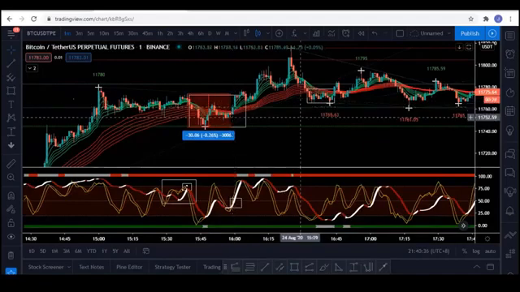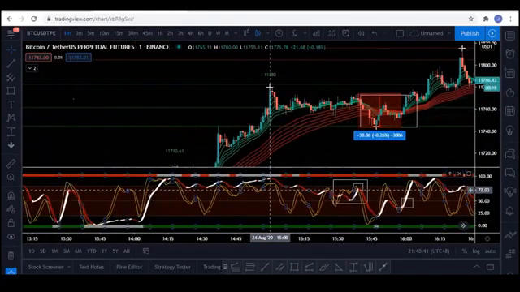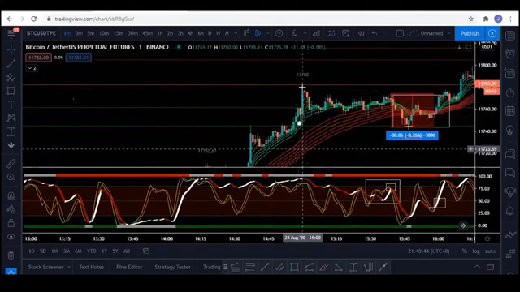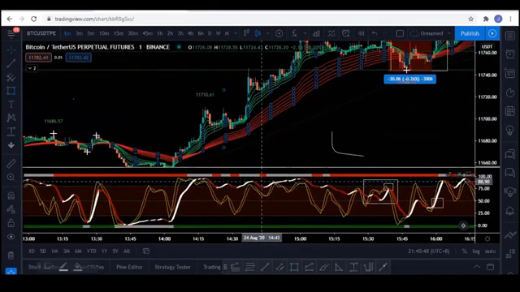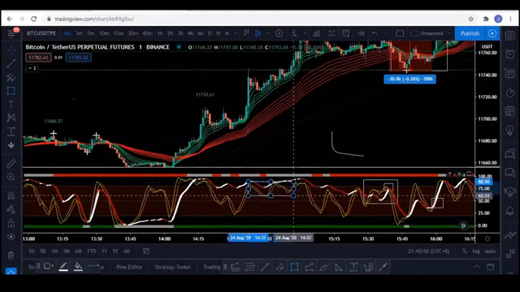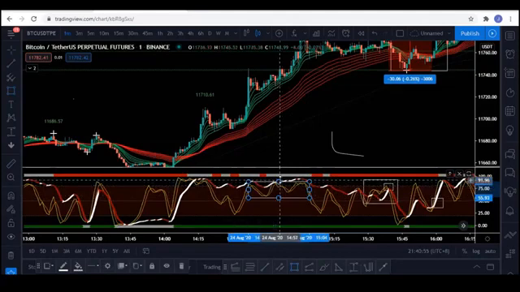Okay, so this is an example of a fake crossover. Whenever you see a crossover, you need to confirm it with your shadow. Confirm the position of your shadow.